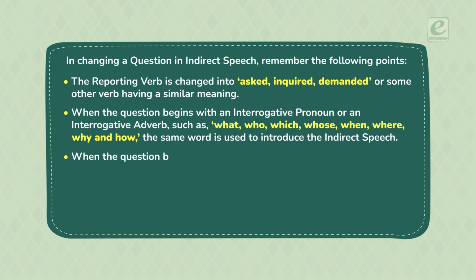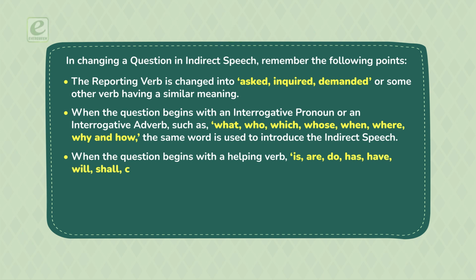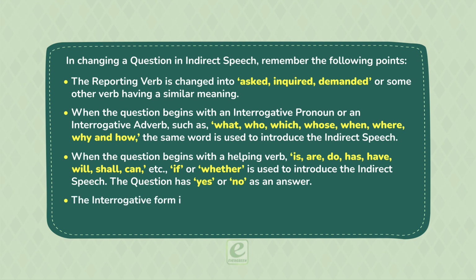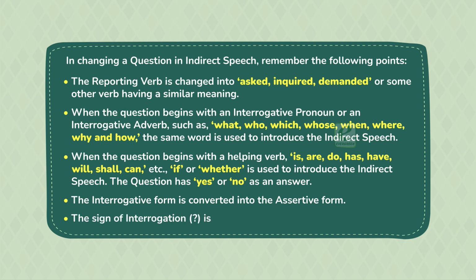When the question begins with a helping verb, is, are, do, has, have, will, shall, can, etc., if or whether is used to introduce the indirect speech. The question has yes or no as an answer. The interrogative form is converted into the assertive form. The sign of interrogation, question mark, is removed and the full stop is put there.